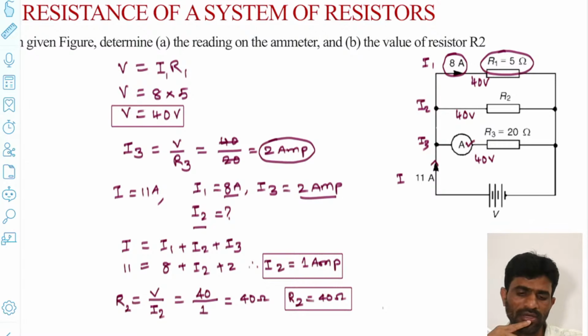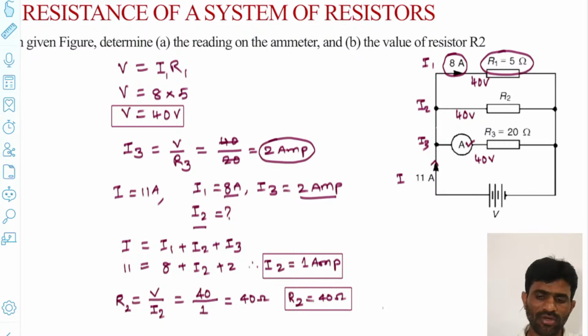I2 is 1 ampere. When I2 is 1 ampere, 40 by 1 is 40 ohms only. Is it clear? Did you understand? So it is 40 ohms.